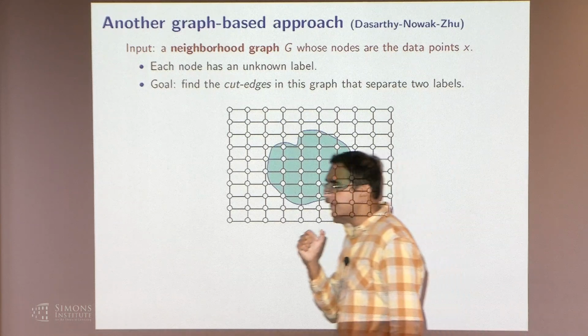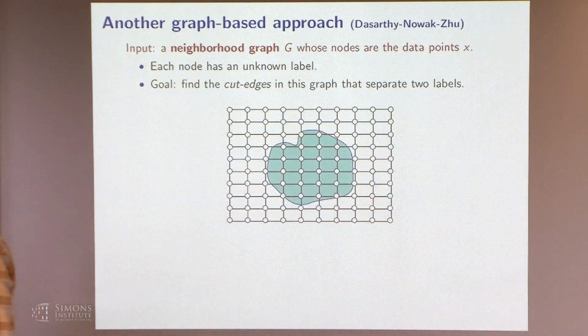Once you think of things that way, a whole lot of fairly intuitive methods suggest themselves. If you want to find cut edges, hey, why not do something like this? Initially, you don't know where the zeros or ones are, but randomly sample a few points until you get at least a 0 and a 1. And now you know that on any path connecting those two, you have a cut edge.